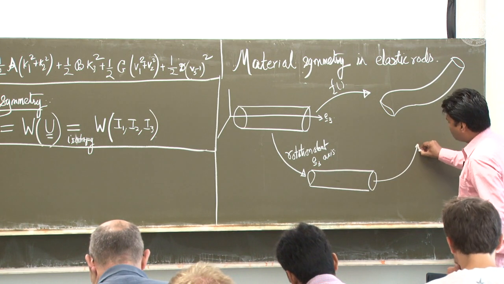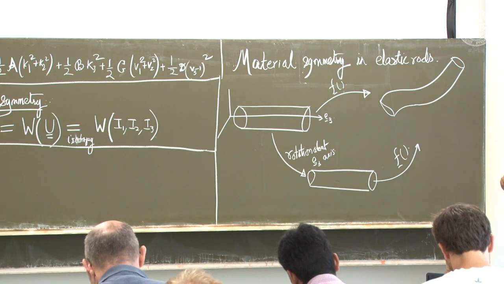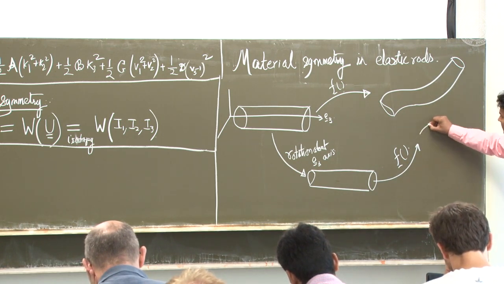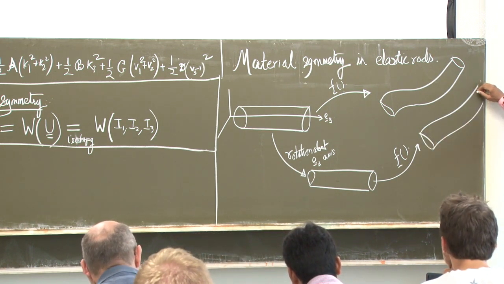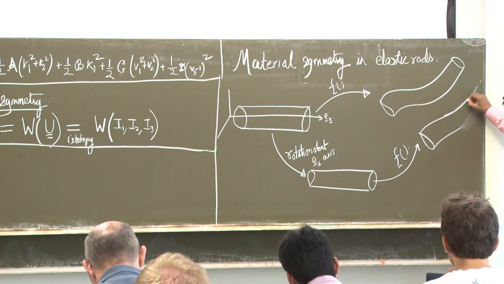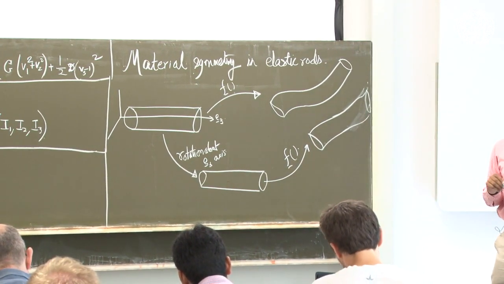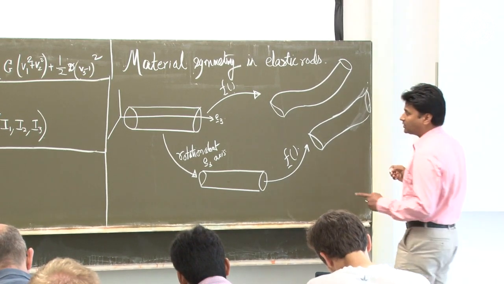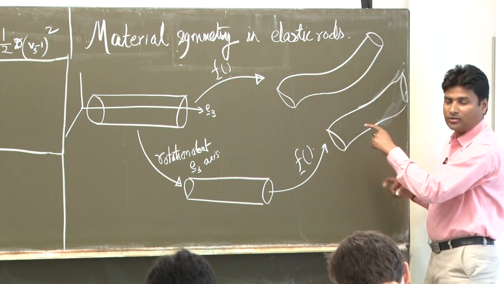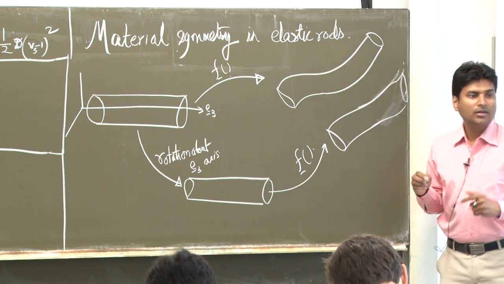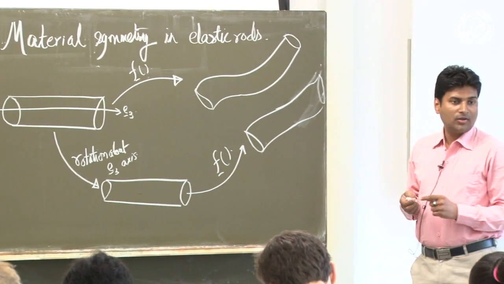And then I apply the same deformation, f, little f. Okay, and then we want to understand how the energies of the rods in these two experiments finally compare: are they the same, or are they different?